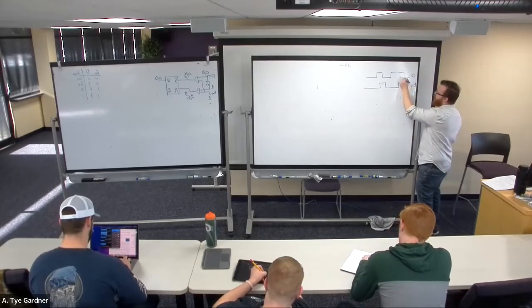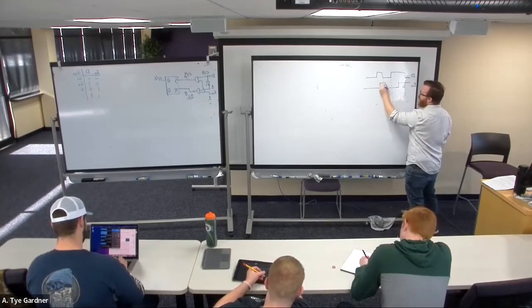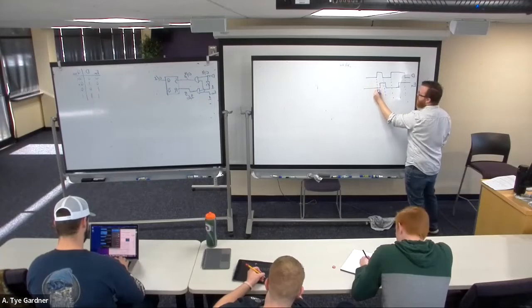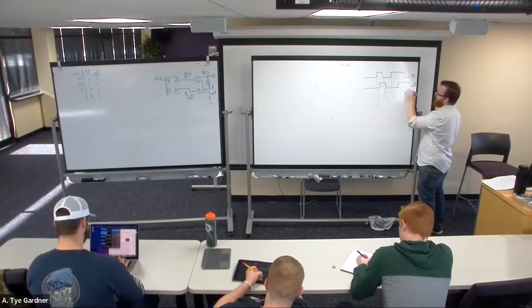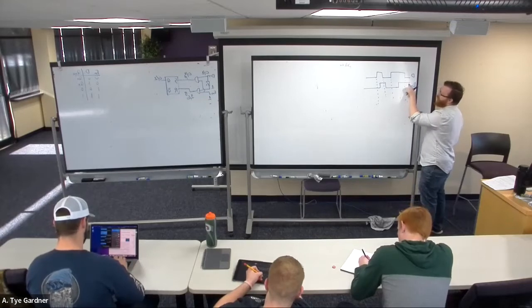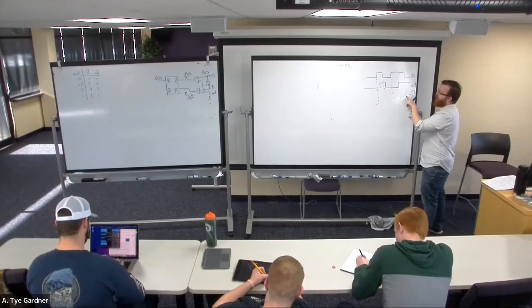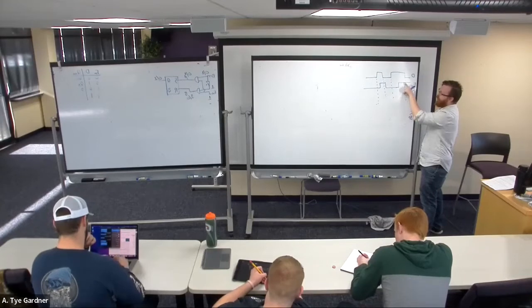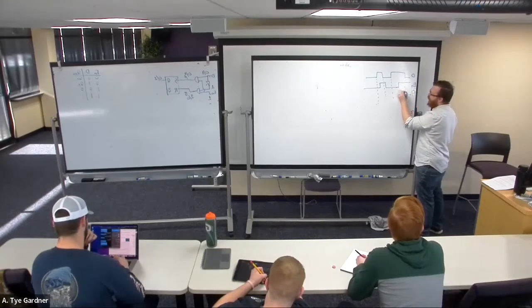Okay, and just to make it a little bit obvious where each of these transitions are, I'm going to add some dashed lines. Okay, well, in the beginning, if this is Q, if enable is high, that means I'm following data. So data is 0. Well, at this point in time, D changes, so Q just follows, right?